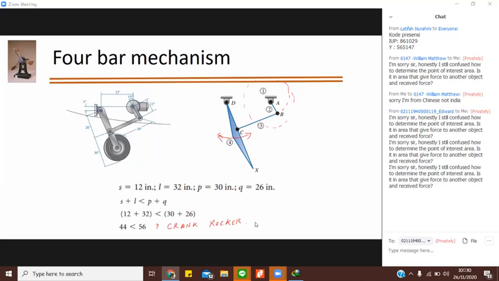And if both opposite sides are equal, then you will have change point mechanisms, or you can say parallelogram mechanism. And in any case, if S plus L is greater than P plus Q, then in that case, you will have triple rocker mechanism.